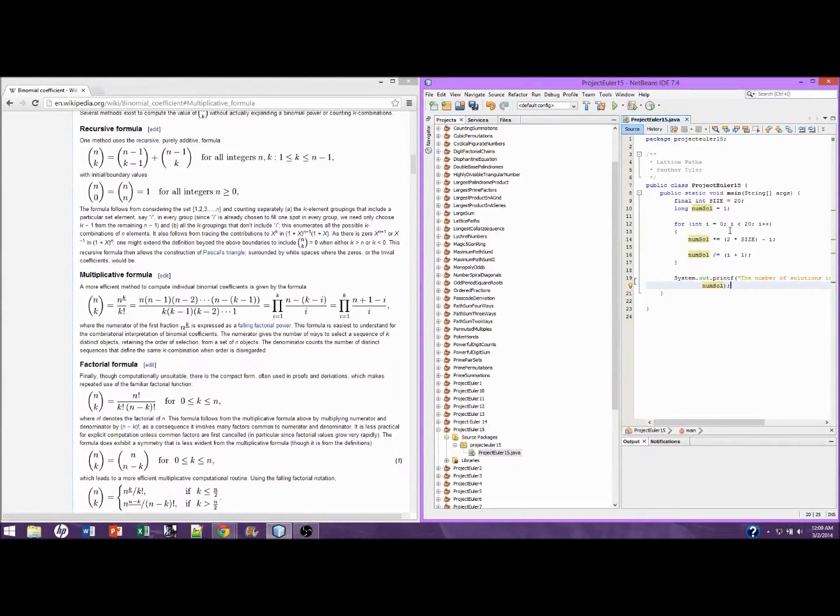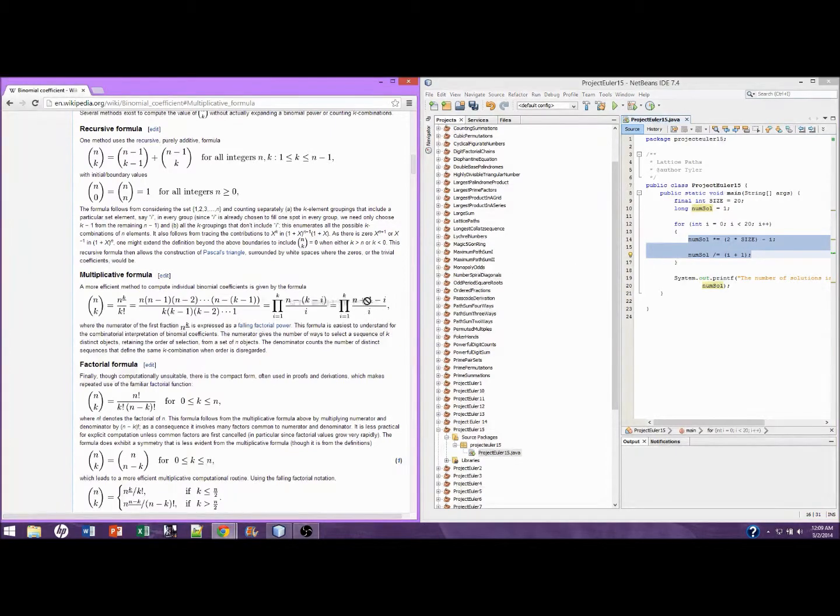This iterates through 20 times, each through the size. This is given by the formula. These two lines are basically what this formula right here is saying, or this equation. Right here is the minus I divided by I, and this is 2 times the size, or 2 times k.